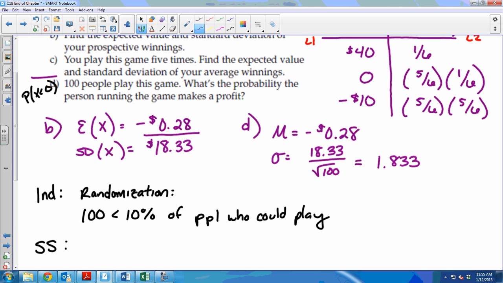It's an average. We're talking about means, not proportions. So we can't use np and nq because we're not doing proportions. We're talking about a mean. So what do we say for sample size for a mean? We say if it's large enough, right? So we say 100 is hopefully large enough.